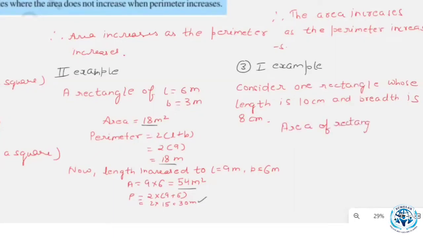So the area will be length into breadth. That means 10 into 8 is equal to 80 centimeter square.